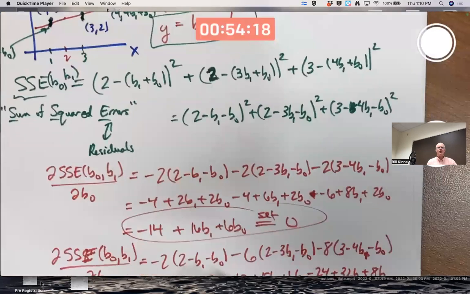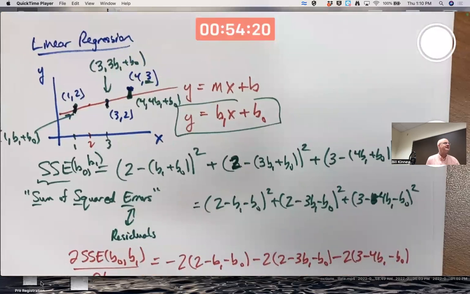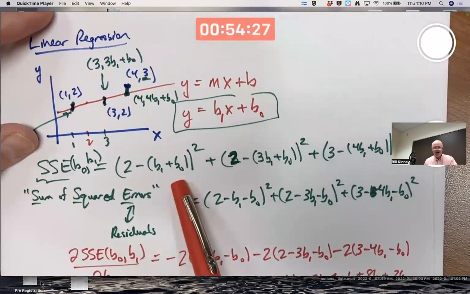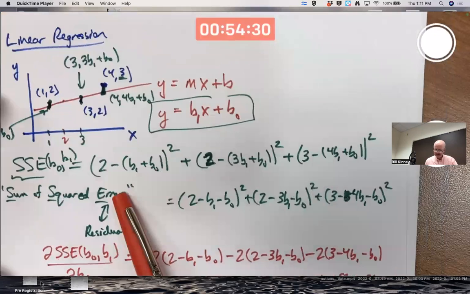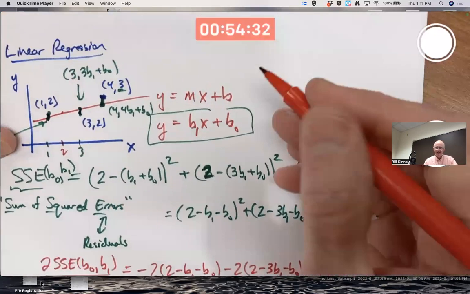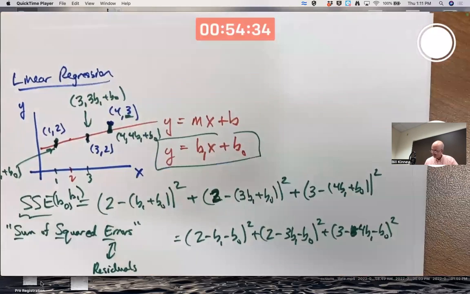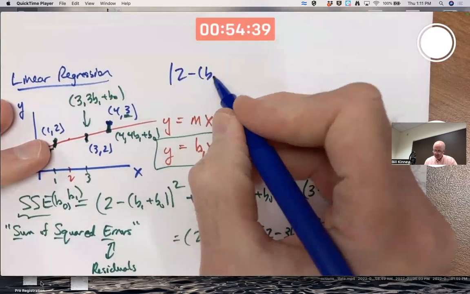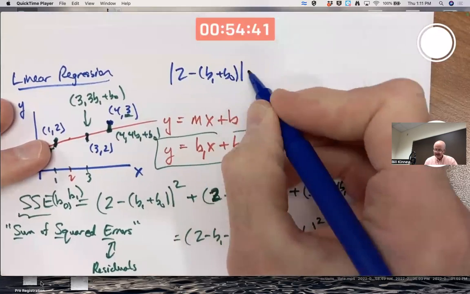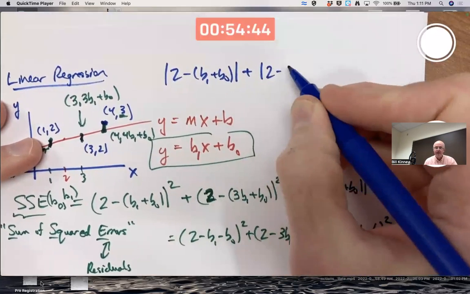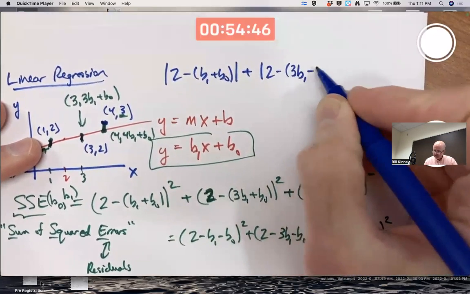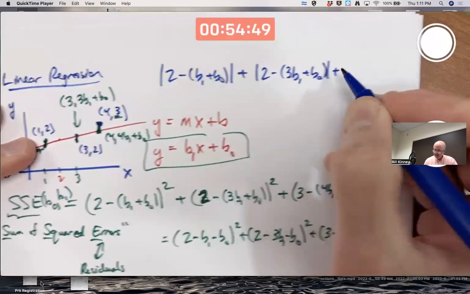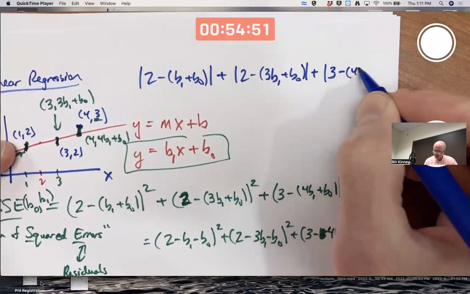Is this really the best way to find the line of best fit? Not necessarily. You could debate. Instead of minimizing SSE, maybe we should minimize this expression: the absolute value of 2 minus (B1 plus B0), plus the absolute value of 2 minus (3B1 plus B0), plus the absolute value of 3 minus (4B1 plus B0).